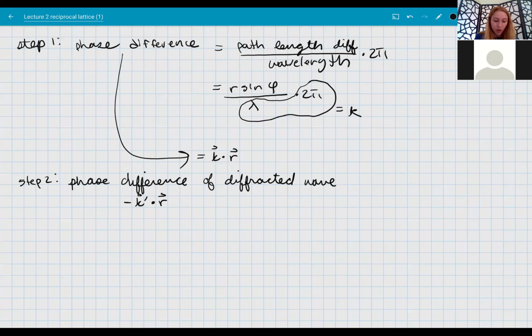Okay, so the total phase difference is going to be equal to k minus k prime dotted with r.